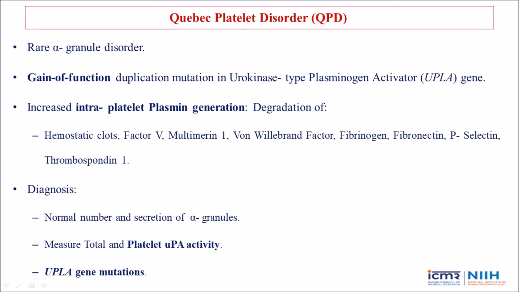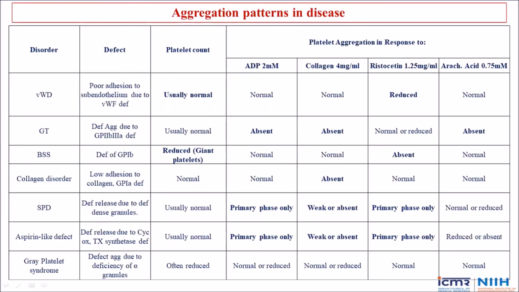And what happens is that the total fibrinolytic activity is enhanced there, and you can diagnose it by measuring the total platelet uPA activity. And the defect is in the PLAU gene that causes the Quebec platelet syndrome.